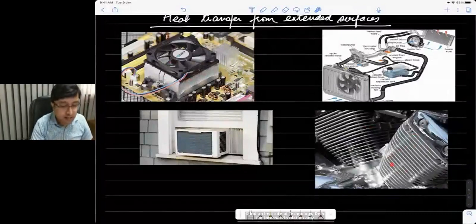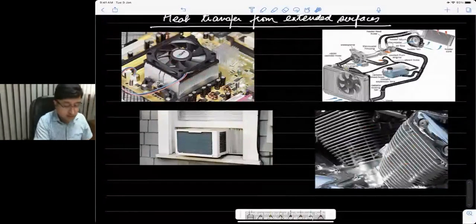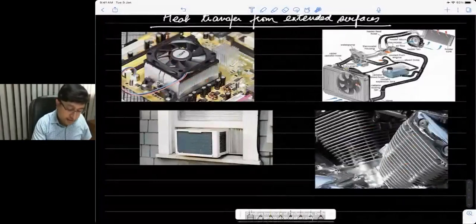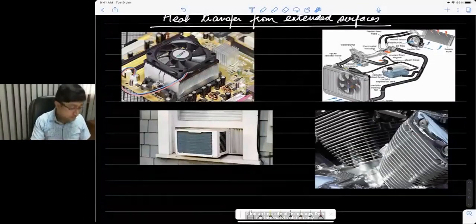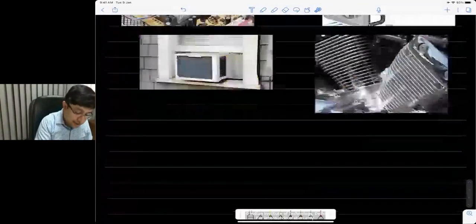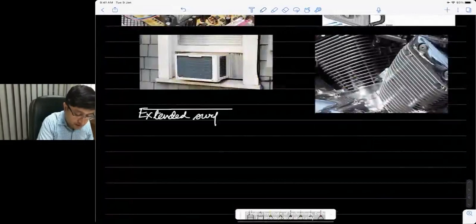Here you have the cylinder, the piston-cylinder arrangement, on which they build these extensions. The same is true for the heat exchanger case. In the case of a radiator and a window air conditioner, or even a split air conditioner, you have tubing, and these extensions are put on the tubing. These extended surfaces are what are called fins.